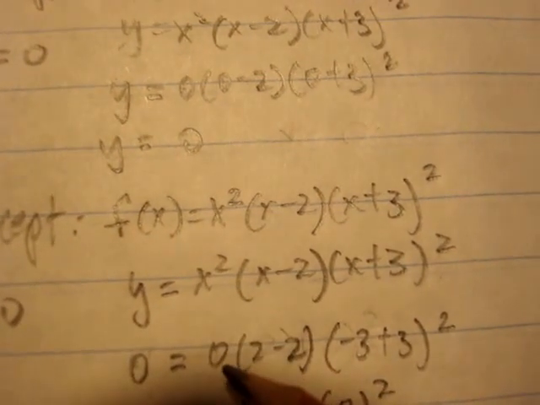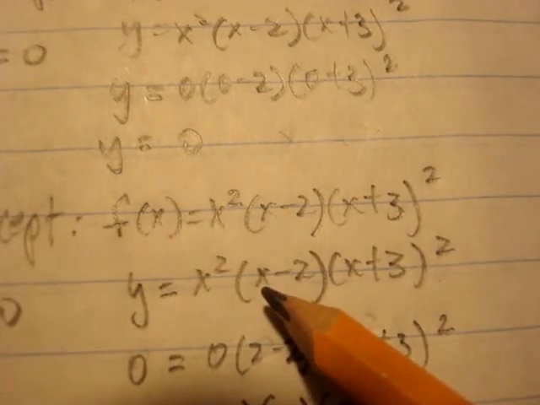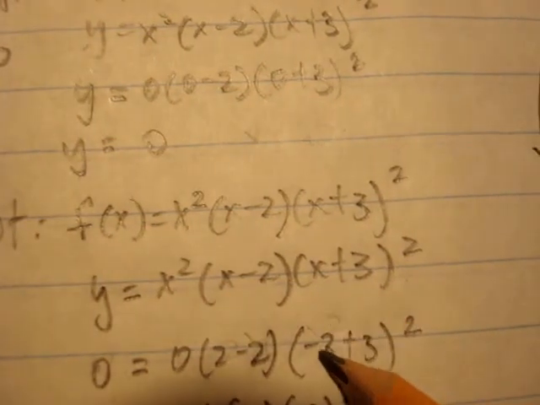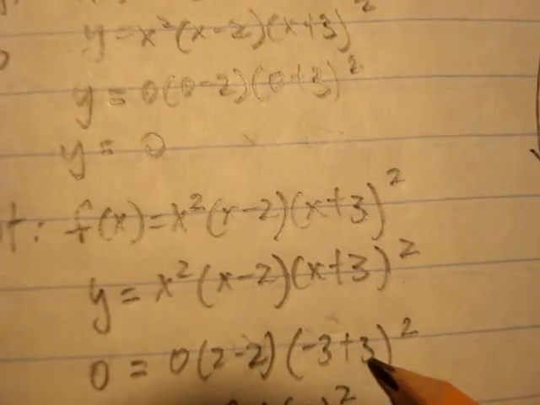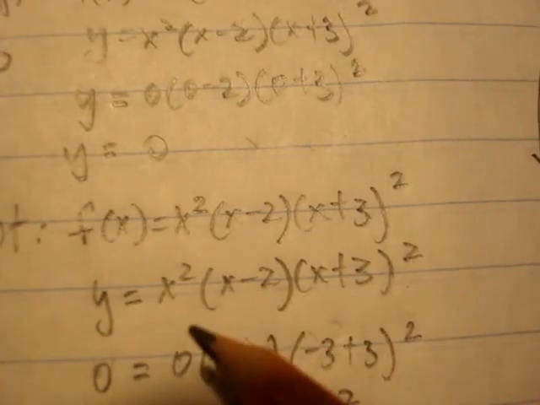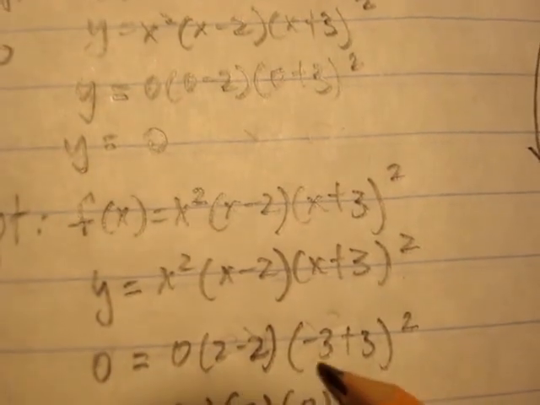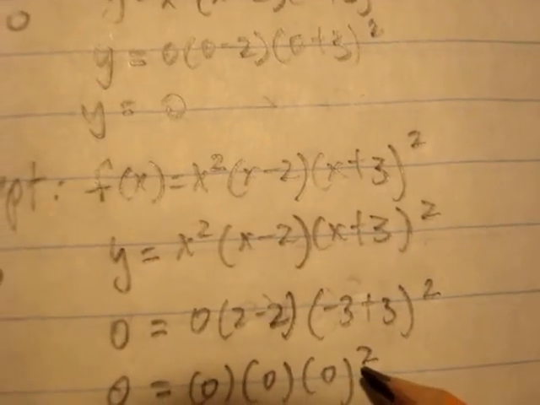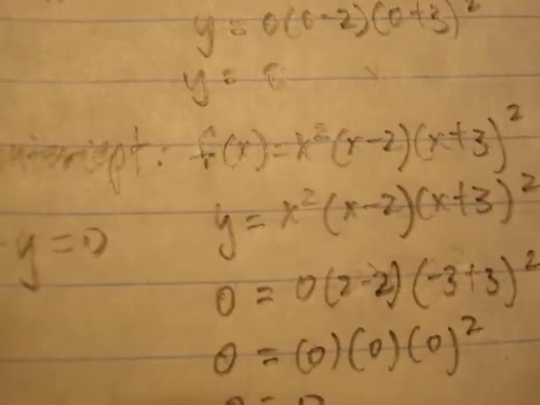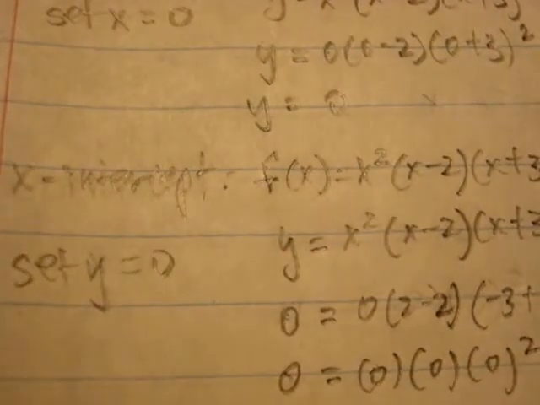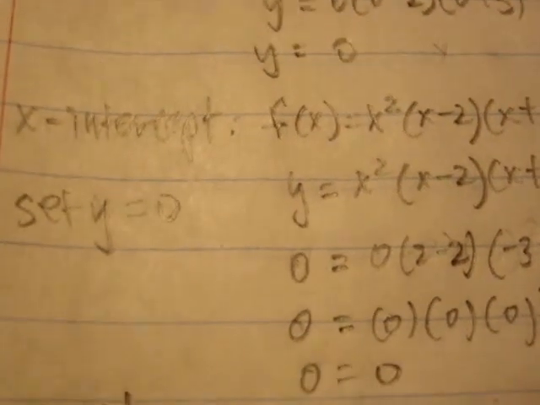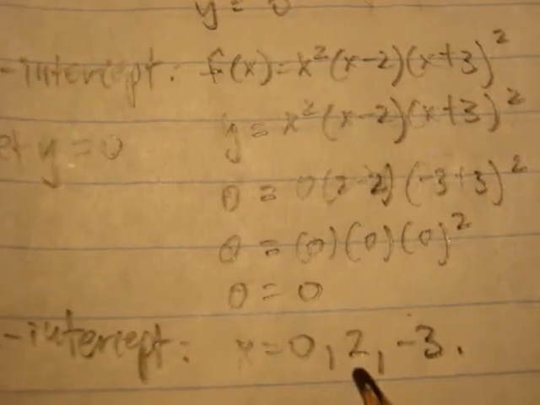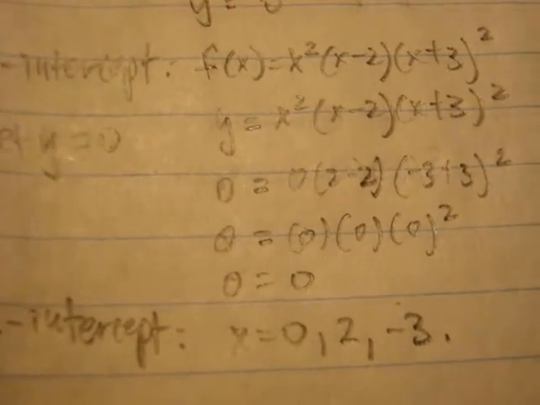So put x equals 0, and x equals 2, because 2 minus 2 equals 0, right? And negative 3, because negative 3 plus 3 equals 0. So when you solve this, it will be 0 times 0 times 0 raised to the second power, so the x-intercept will be 0. And the x-intercept is not only 0, it's also 2 and negative 3.